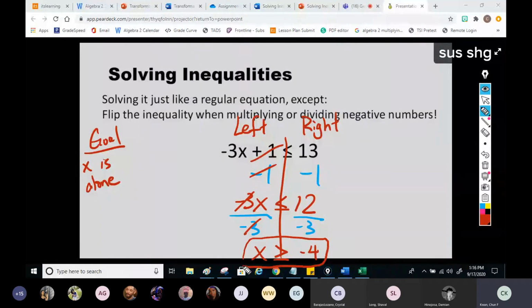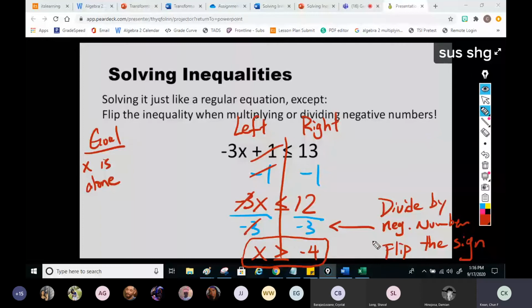So you flip the sign at this step right here. At this step, when you divide by a negative number, you will have to flip the sign, okay? When you divide by a negative number, flip the sign.